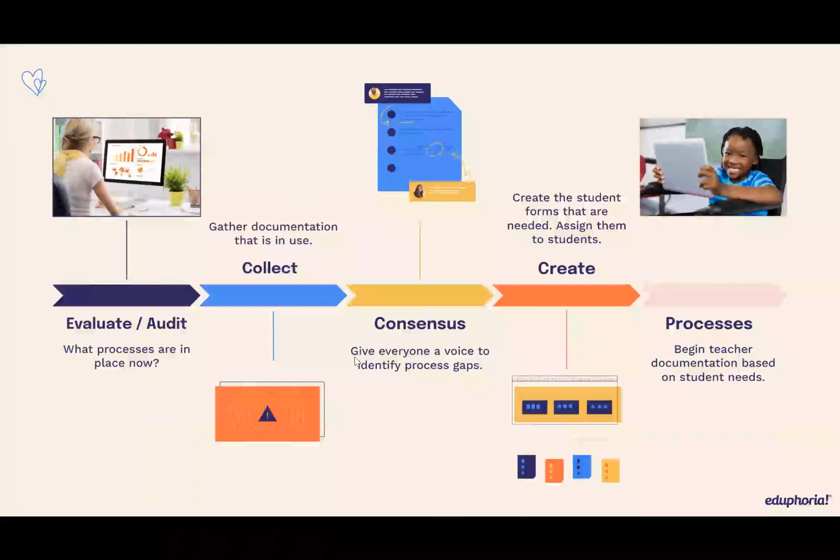So I've given you kind of some ideas to think through. Sometimes we just dig ourselves in and we start building a form, and maybe that's not where we need to begin. Maybe we need to evaluate and audit our current processes. What is happening now? Do we have a folder? Do we have a piece of paper? Do we have notes? What does our system look like right now?